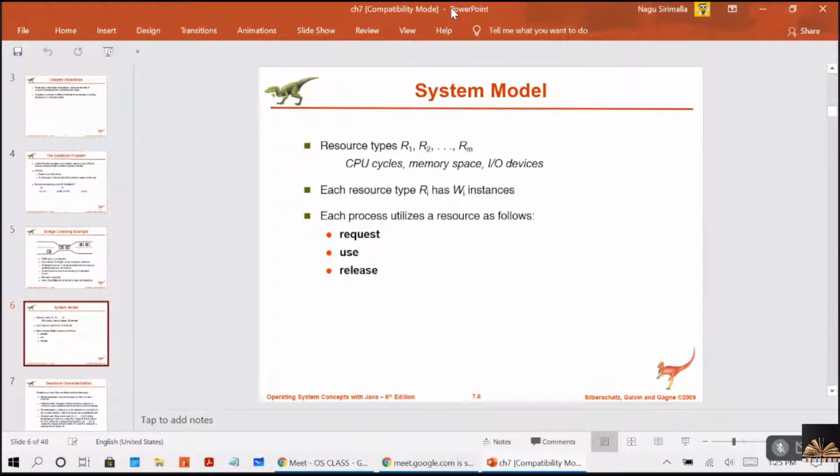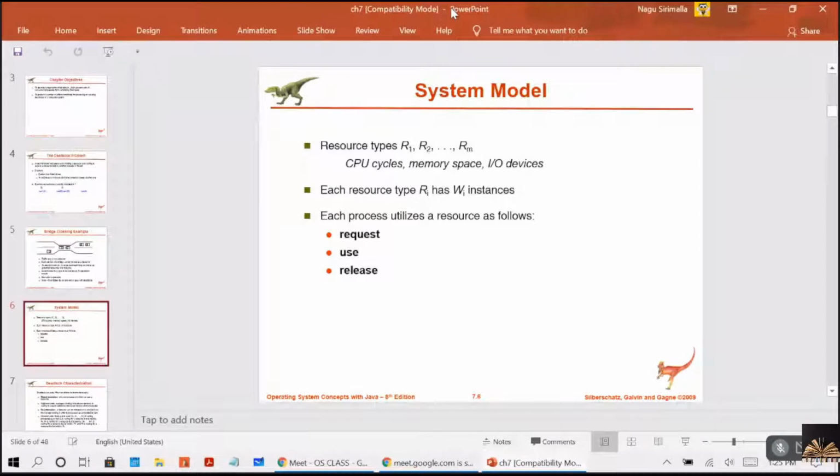It has to wait for some time. Use means after the resource is allocated, the process can operate on the resource. Example, I have a resource type printer, I am taking a print, that is nothing but using the printer. Now release: after the use, the process has to release the resource, right?